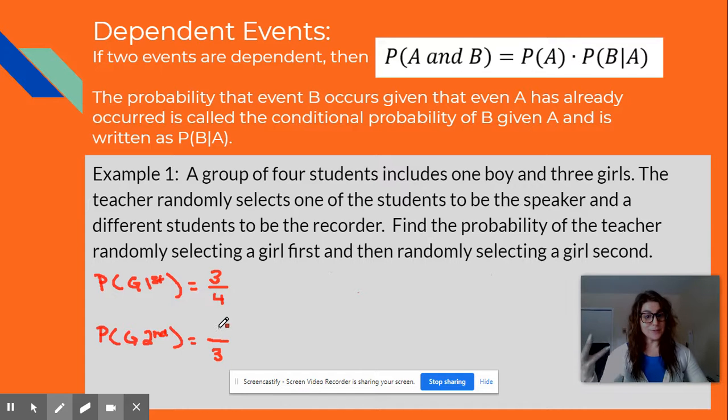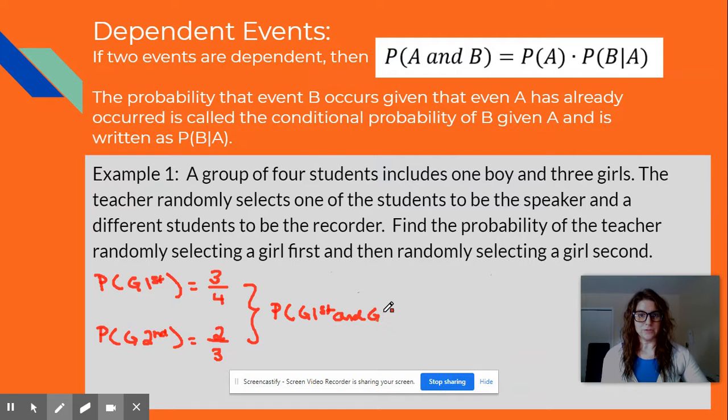And then saying she picked a girl first off, well, there was 3. If she picked that girl, well, now there's 2. So now it's 2 out of 3 this time. And again, if we put those together, the probability of a girl first and then a girl second is going to be those 2 multiplied. So 3/4 times 2/3.